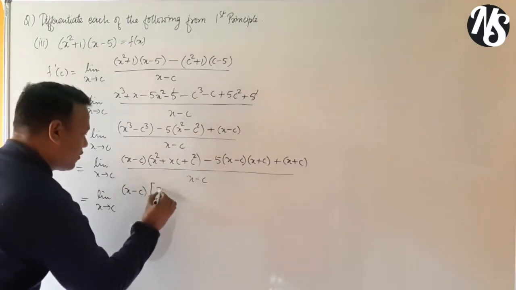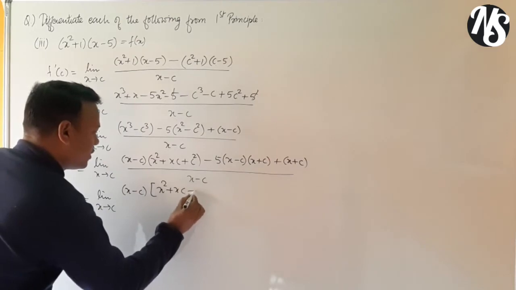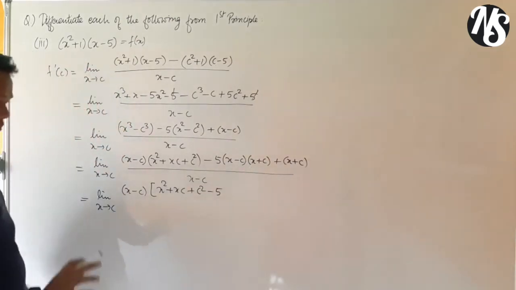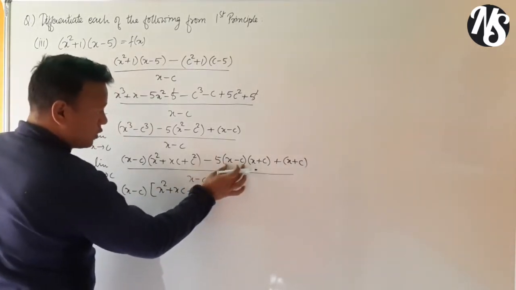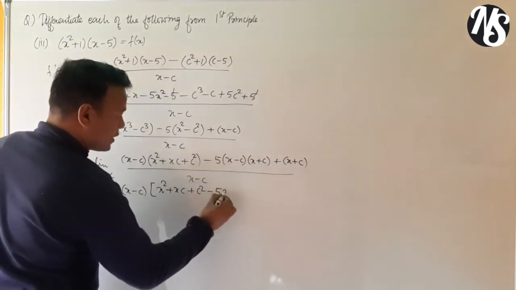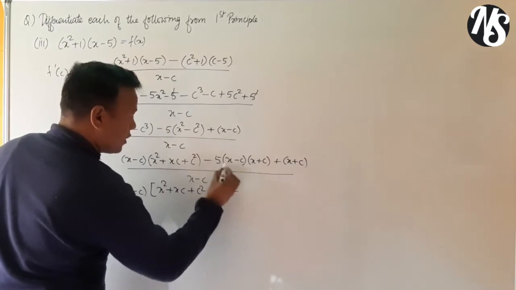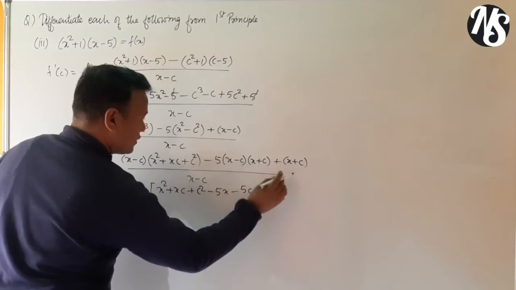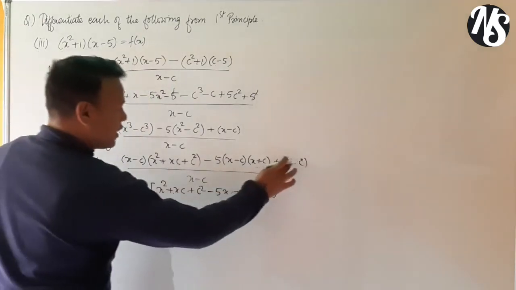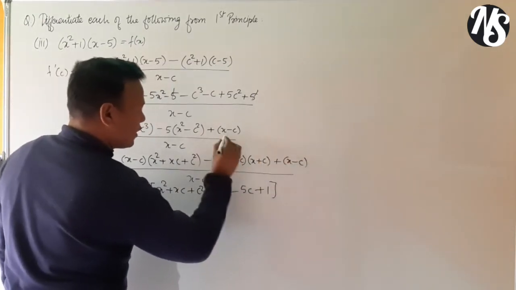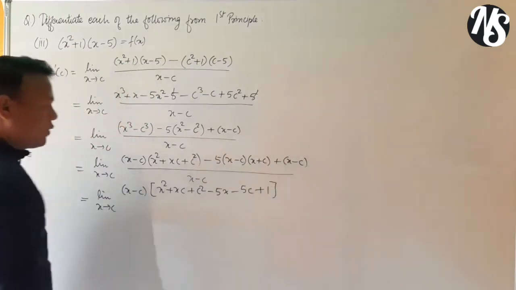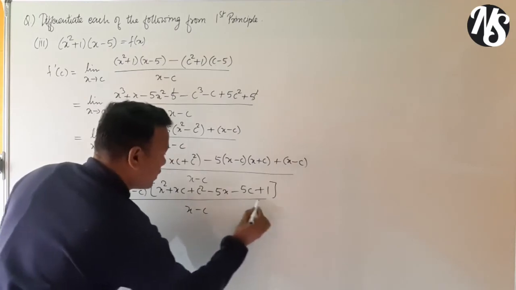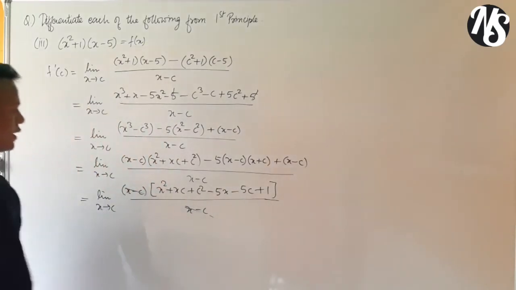From the first part we have x square plus xc plus c square, minus 5 into, so minus 5, x plus c, minus 5c, and this x minus c is gone, so only 1 is left, divided by x minus c. So x minus c and x minus c get cancelled.